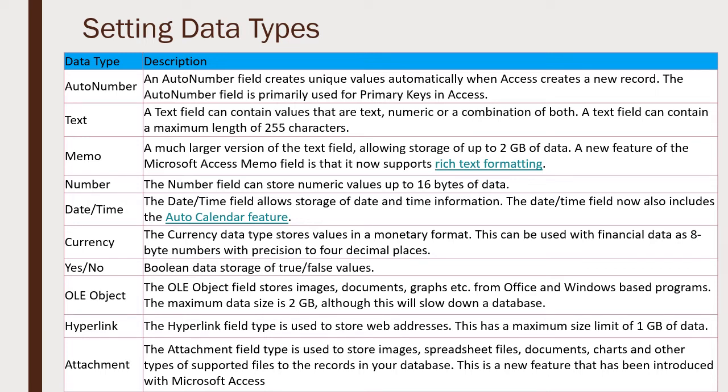The currency data type stores the values in monetary format. This can be used with financial data as an 8-byte number with precision to 4 decimal places. For example, suppose you want to create a field for fees, so it will be currency. Suppose you want to create a field for salary, so it will be currency. So currency means related to what money goes and what money comes. So it is related to money.